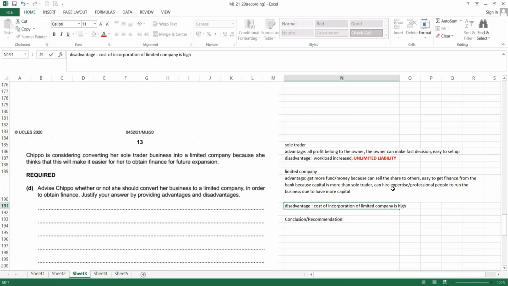All of this needs cost, so the cost of running is more. If you don't want to say cost of incorporation, you can say that the cost to run a limited company is higher than a sole trader. So this is a disadvantage that we have.